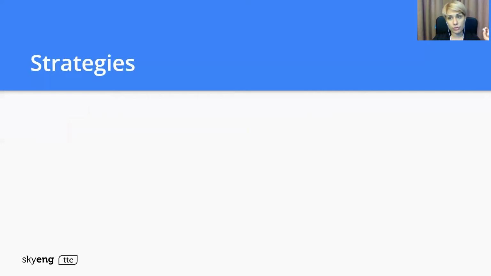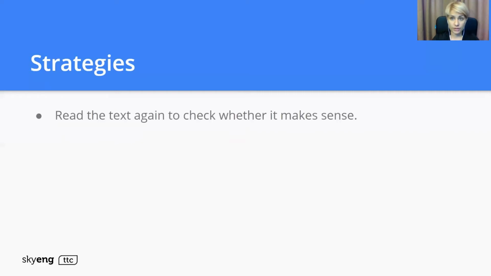If we talk about strategies when the students have completed the task, we read the text again and check whether it makes sense with the forms of the words that they have made. They check the spelling of the words, and it is really, really important because this task, like all use of English tasks, is checked by a computer.